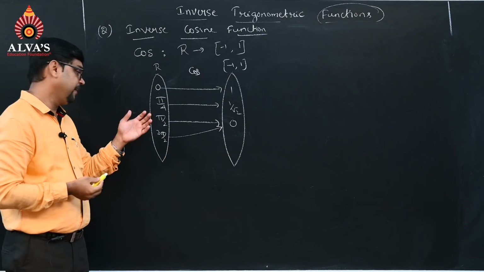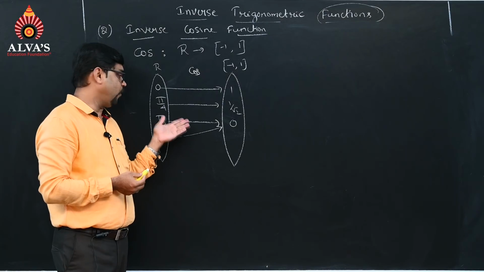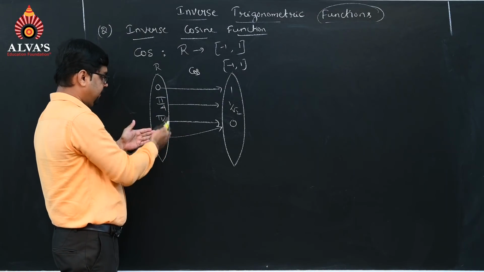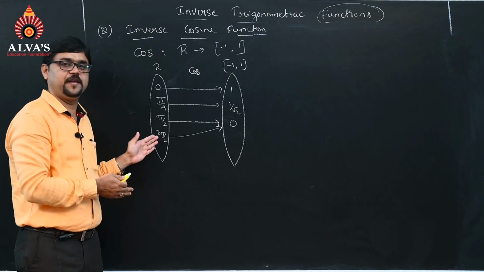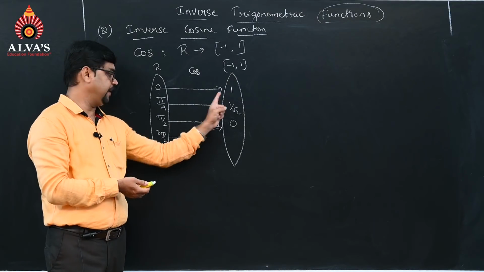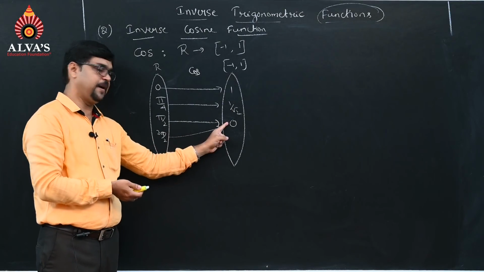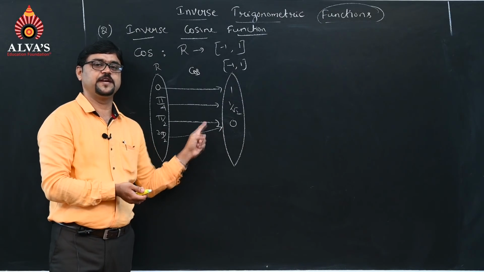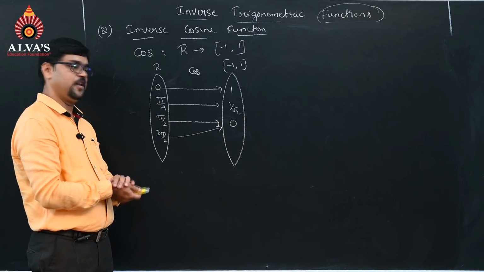So clearly here the one-one function fails, because the element of codomain must have a unique image in B. But here pi by 2 is mapping to 0, 3 pi by 2 is also mapping to 0, so therefore it fails to be a one-one function.